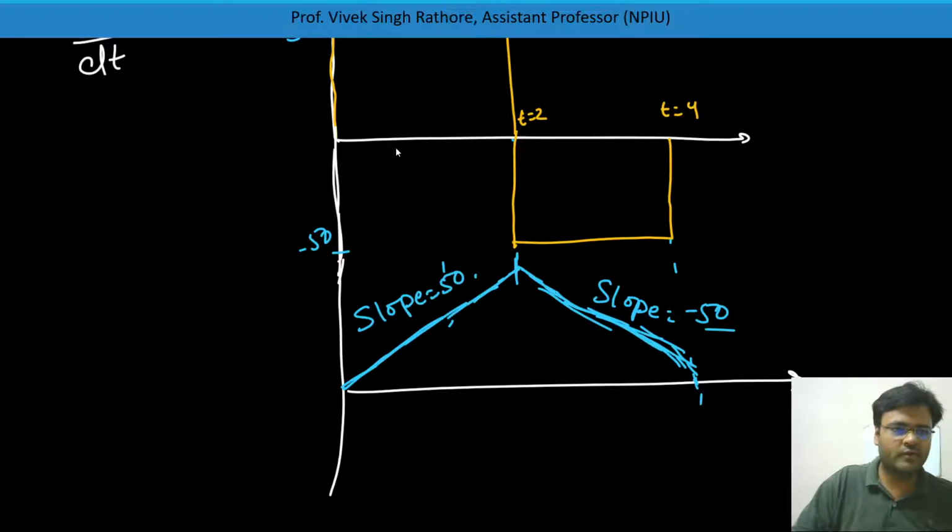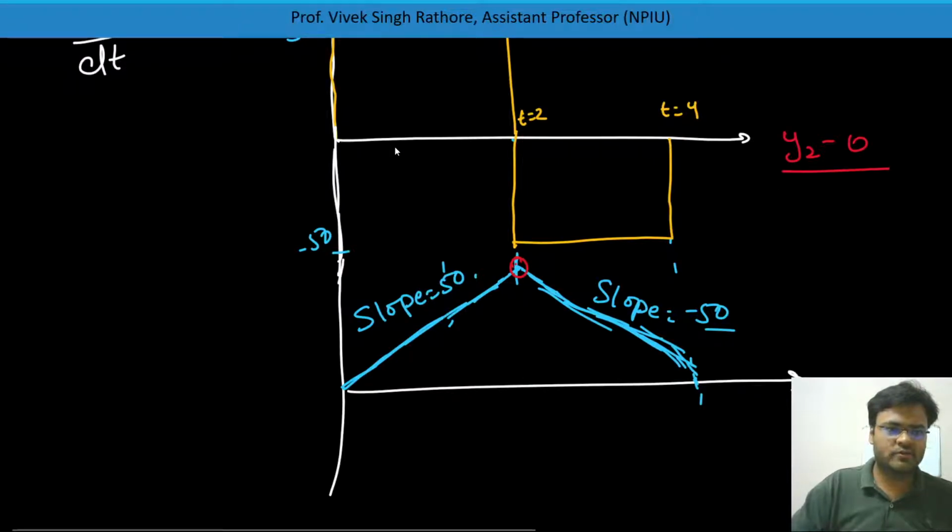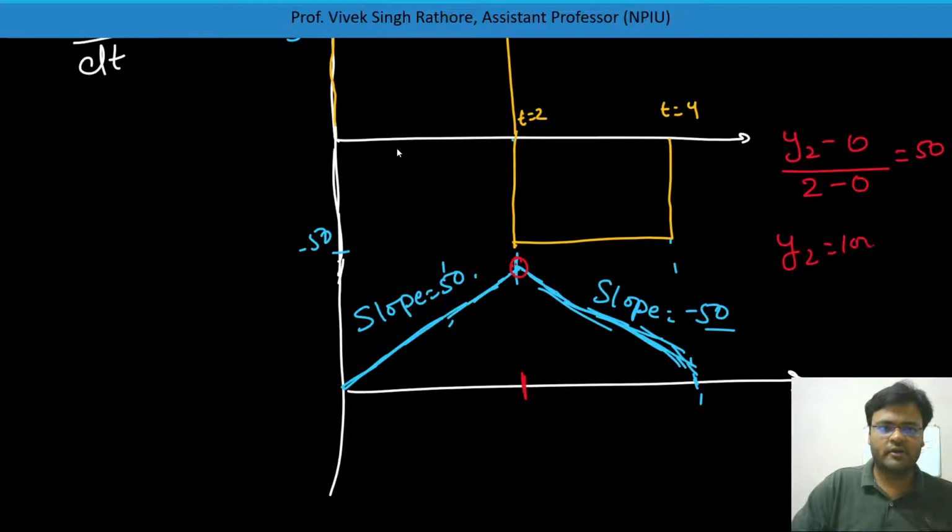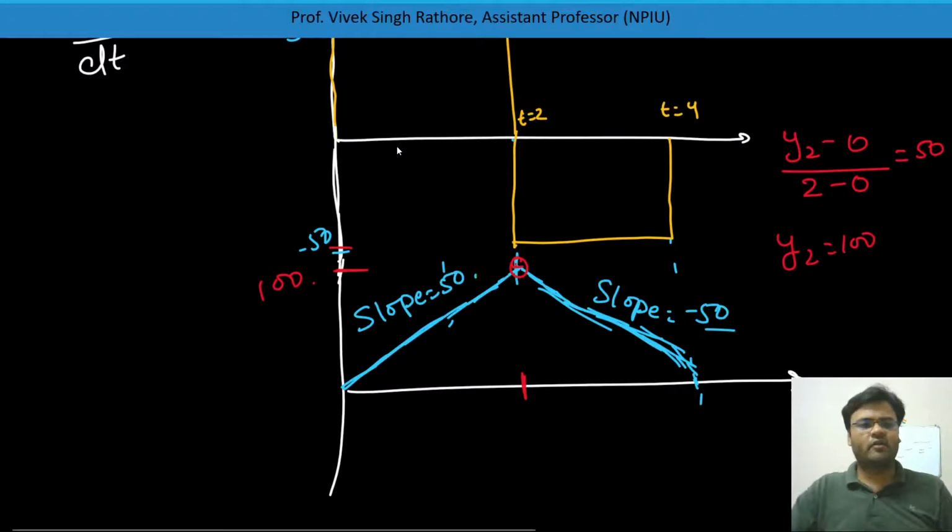You can see y2 minus y1 is the change in y, and x2 is 2, so 2 minus 0, and the slope is 50, so you can calculate y2 is equal to 100. So this value is your 100 value. So finally your output is this.